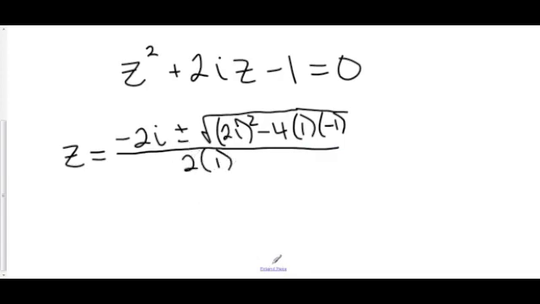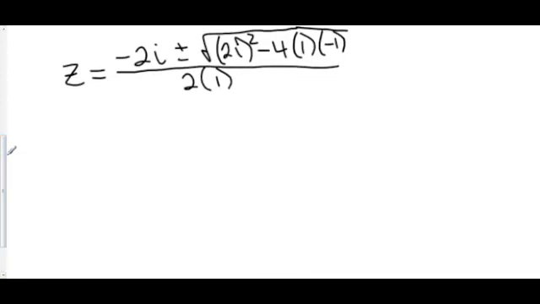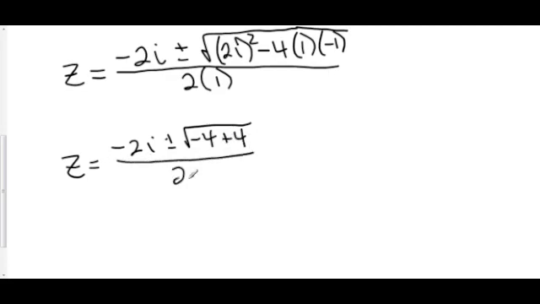Now, 2i squared. 2 squared is 4, i squared is negative 1, so 4 times negative 1 gives us negative 4. This means that z is equal to negative 2i plus or minus the square root of negative 4. Negative 4 times 1 times negative 1 is positive 4, all over 2.